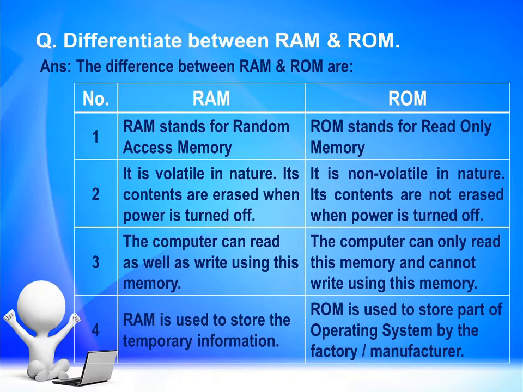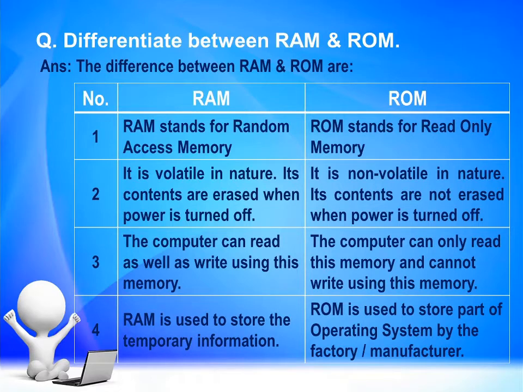Its contents are erased when the power is turned off, whereas ROM is non-volatile in nature. Its contents are not erased when the power is turned off. Third point, the computer can read as well as write using this memory, whereas the computer can only read this memory and cannot write using ROM.